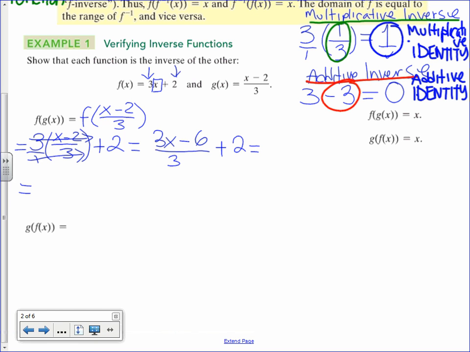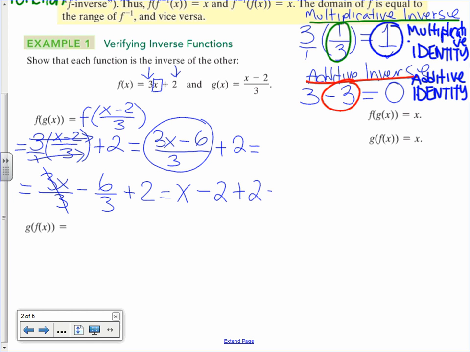If I split this fraction, it will be 3x divided by 3 minus 6 divided by 3. We still have a plus 2. So 3x divided by 3 is equal to x. Negative 6 divided by 3 is negative 2. And we still have a plus 2. So 2 and negative 2 equals 0. So we get x.